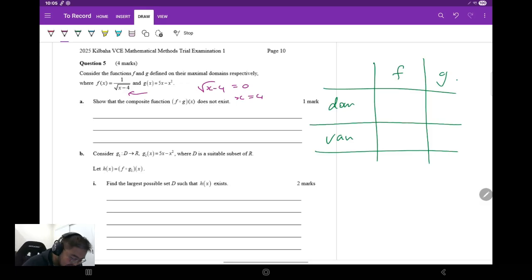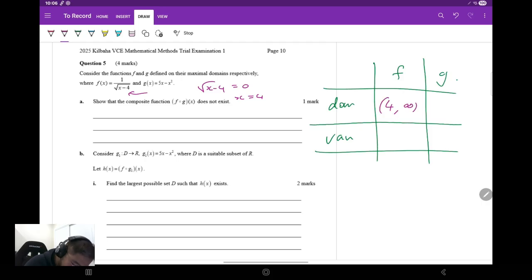Is it going to be towards infinity or negative infinity? It's positive infinity, because if we go to negative infinity, this becomes a negative square root and it becomes undefined. So the domain is from 4 to infinity.